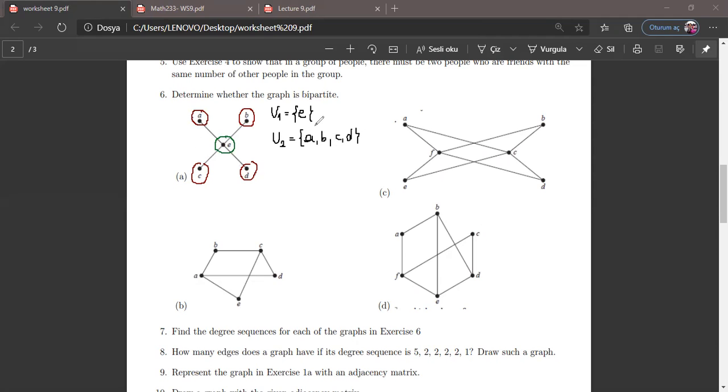So any pair that we choose from V2 is formed by two vertices that are not neighbors. So this graph is bipartite. How do we conclude that? We first paint the vertices and see the two vertex sets, and check if any two vertices in a set are neighbors or not.